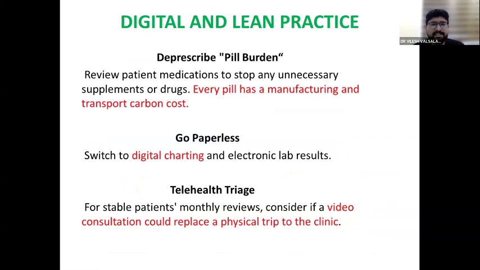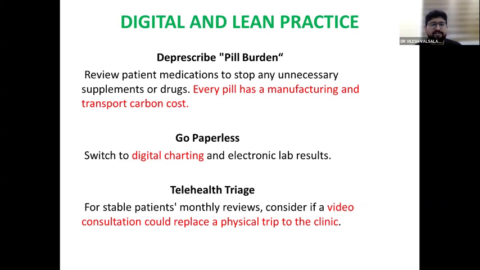Next practice is about digital and lean practice. Medicines are manufactured in factories. The more medicines manufactured, the more will be the number of workers, energy, consumption and release of greenhouse gases. So by decreasing the unnecessary pill burden in a single patient at your dialysis unit, you are trying to reduce the need for the number of medicines and also the production of medicines.